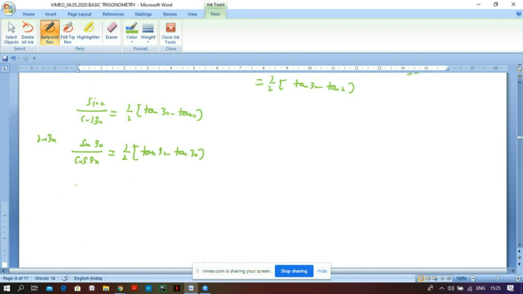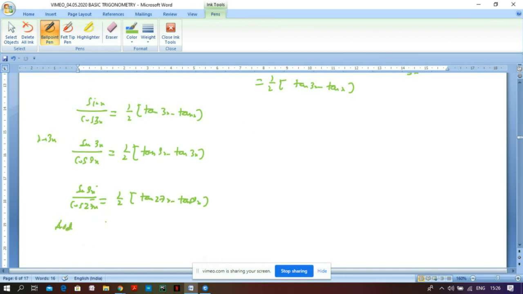Again, replace x by 3x: you get sine 9x over cos 27x is half times (tan 27x minus tan 9x).